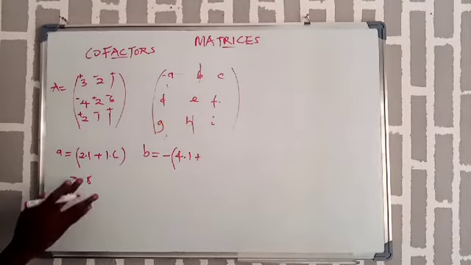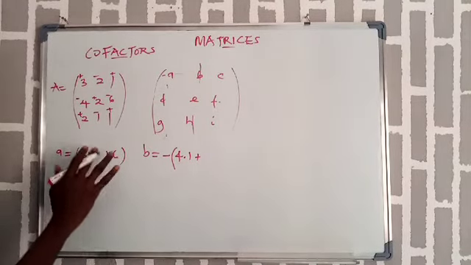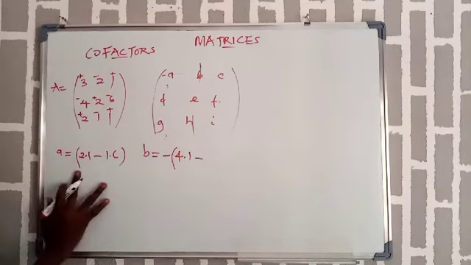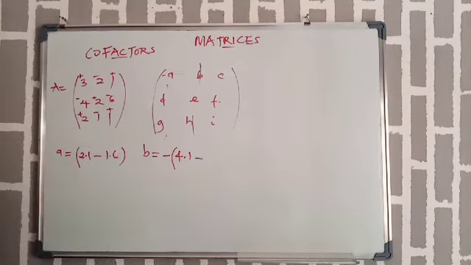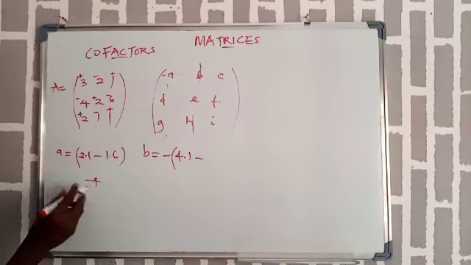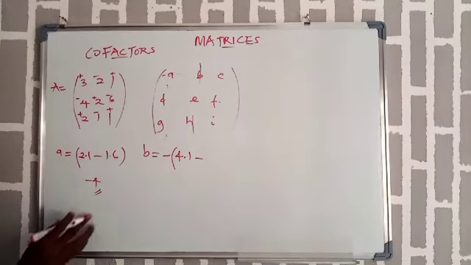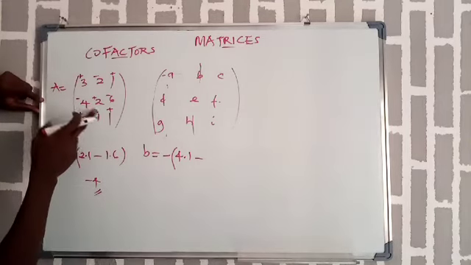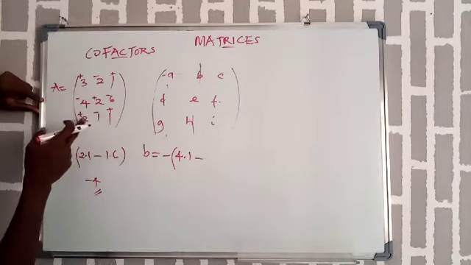So we made a mistake here. It's always negative here. Negative, negative. So 2.1 minus 6, that's minus 4. That's the cofactor for B. Now, working with B, we did 4.1 and 2.6.